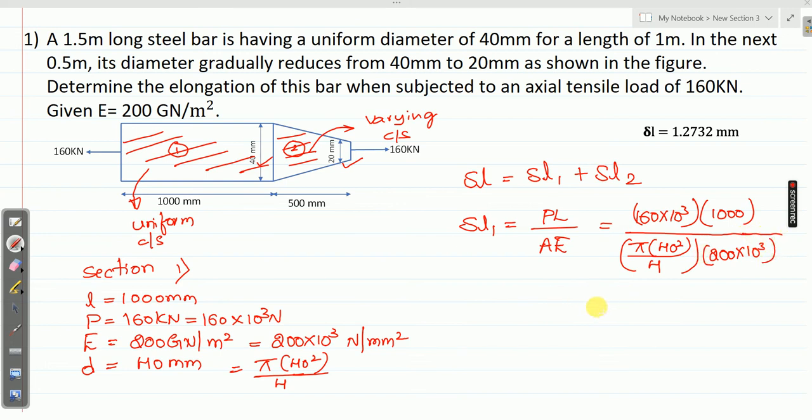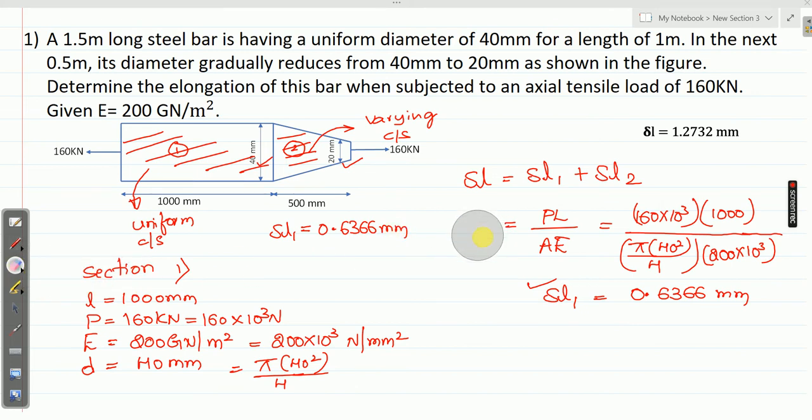If you simplify this equation, you will get delta L1 as 0.6366 millimeter. This is the elongation for the first section. Let me write here delta L1 equals 0.6366 millimeters.